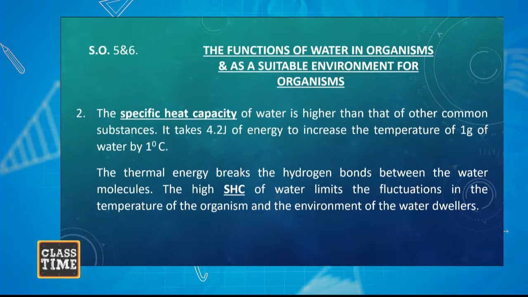Now, if we look next at the high specific heat capacity of water, it is higher than that of other common substances such as alcohol, and it takes 4.2 joules of energy to increase the temperature of 1 gram, that's unit mass, of water by 1 degree Celsius. And what this means, and it's very important in the scheme of things, is that you need far more energy, more heat energy, to change the temperature of water by 1 degree Celsius.